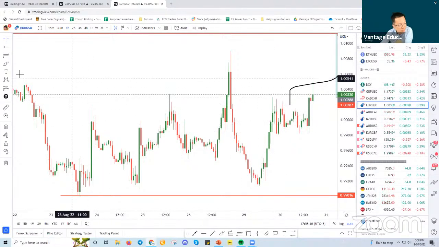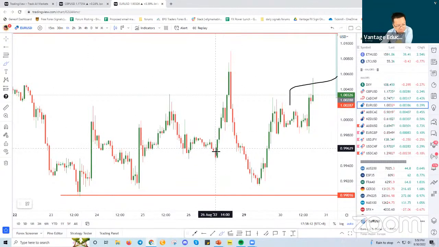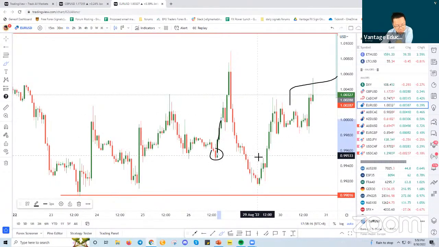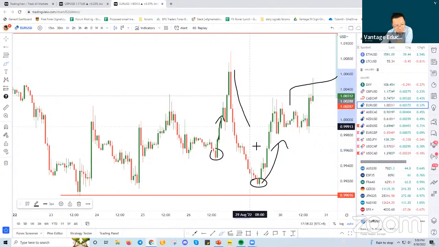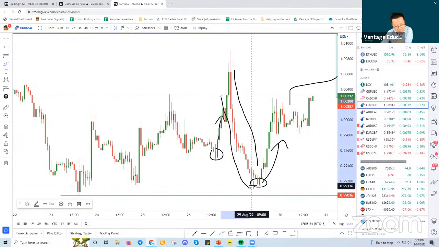It could stop and reverse like what it did here at about that point, bouncing back up, or it could stop and reverse at that point, bouncing back up. So in this scenario, towards that downside, I'll be looking to scalp it.